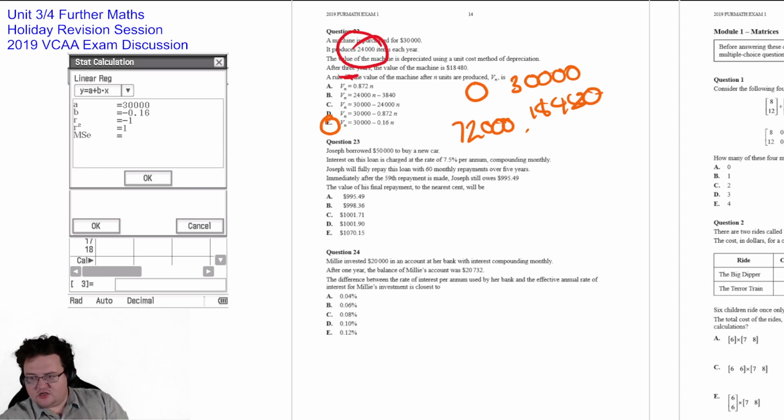Joseph borrowed $50,000 to buy a new car. The interest on this loan is charged at 7.5% per annum, compounding monthly. Joseph will fully repay this loan with 60 payments. Immediately after the 59th repayment is made, Joe still owes that much money, the value of his final payment.